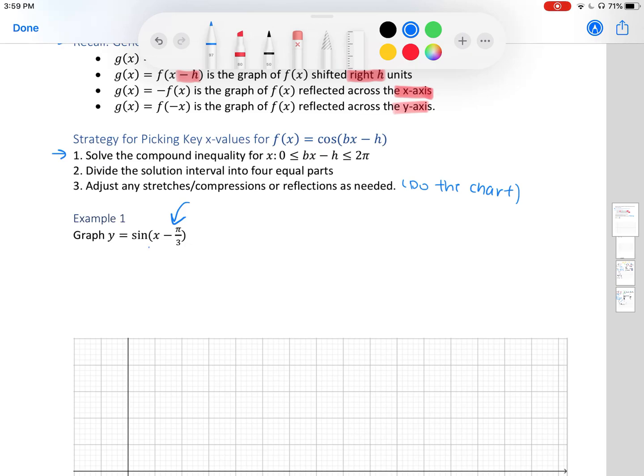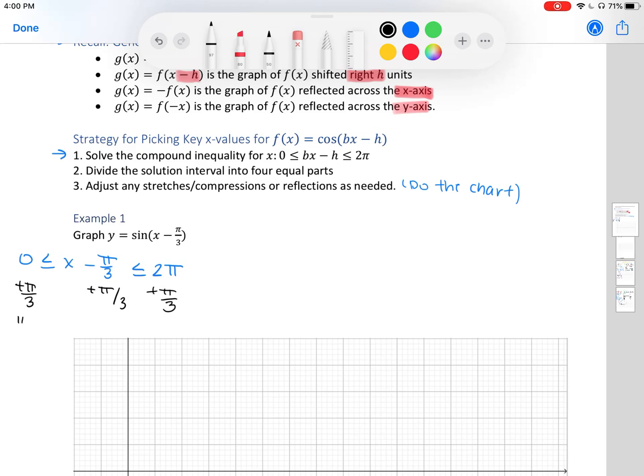So let's take our argument and solve it as 0 is less than or equal to x minus pi over 3, which is less than or equal to 2 pi. Okay, let's go ahead and work it out. We add pi over 3 to each part.